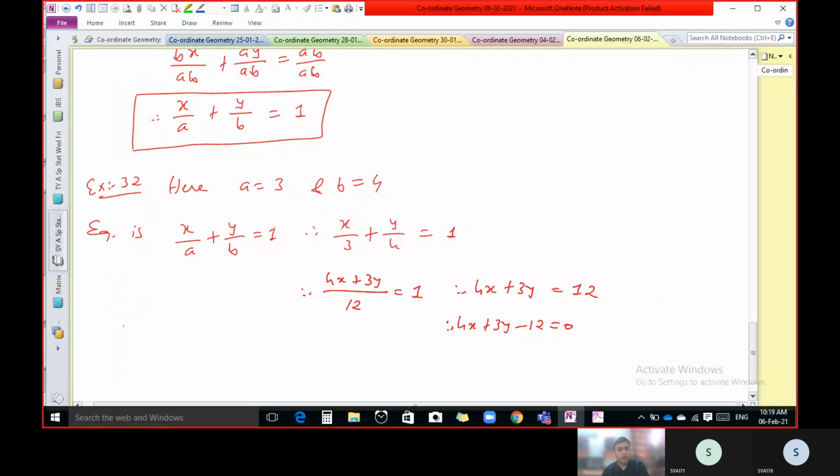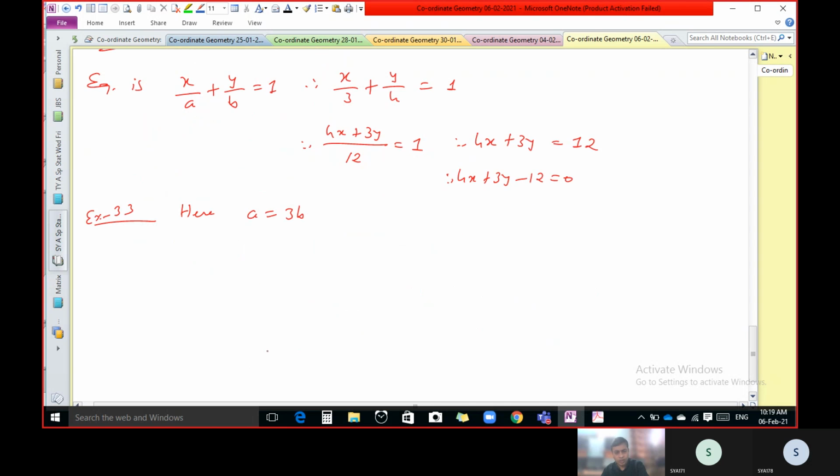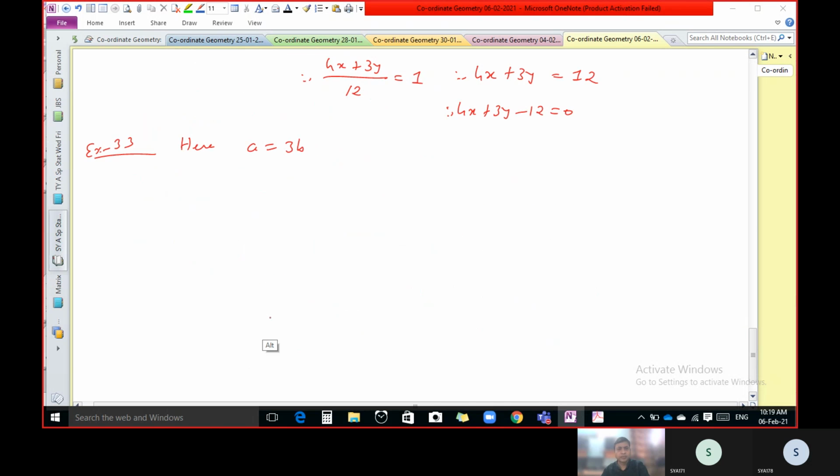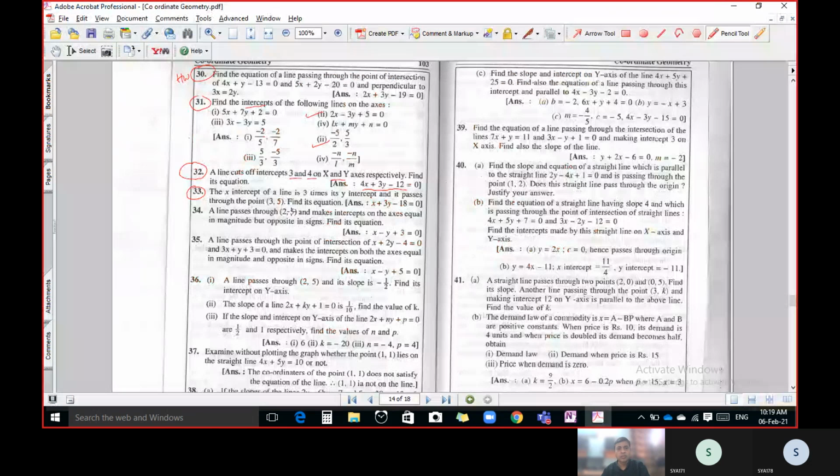That is what is given. So here the x-intercept is 3 times the y-intercept, so a equal to 3b is given. And it passes through the point 3,5.